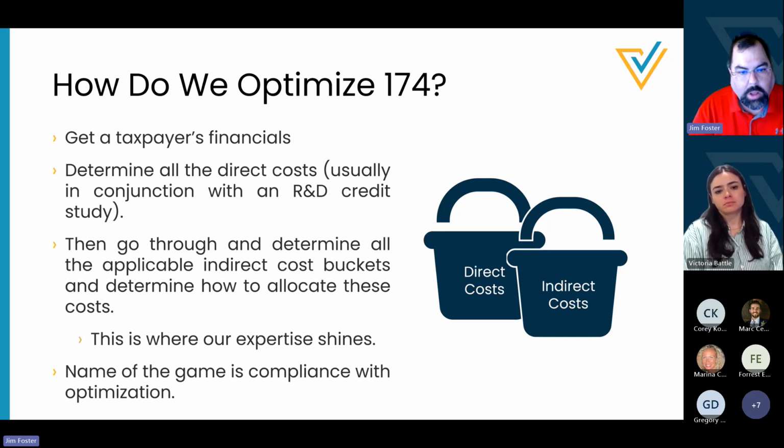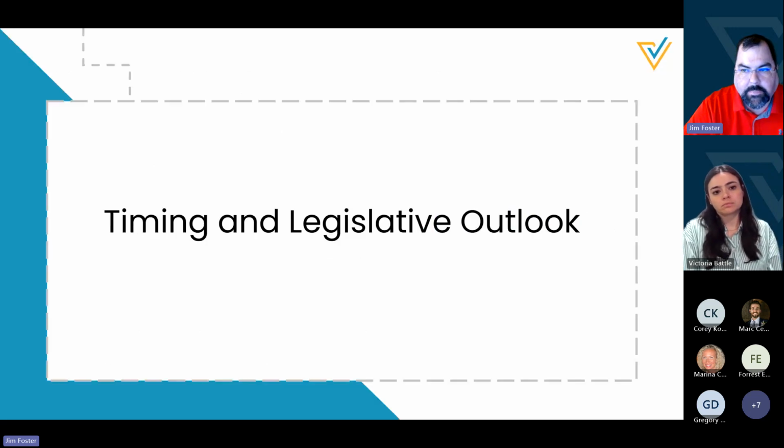So if you're able to lower 174 without gutting the R&D credit, because the 174 is a timing difference, you don't ever want to try to optimize or maximize a timing difference at the expense of a permanent tax credit, because tax credits are stronger. So there's a balancing act here that needs to be done.